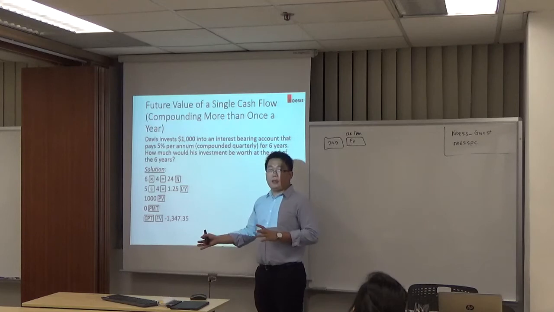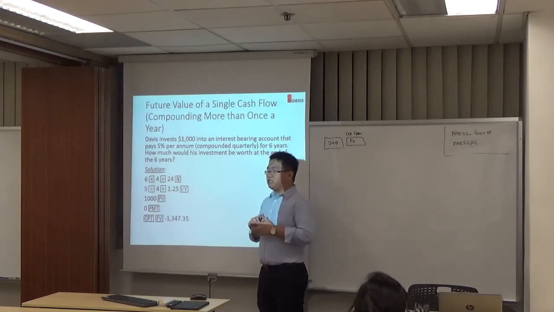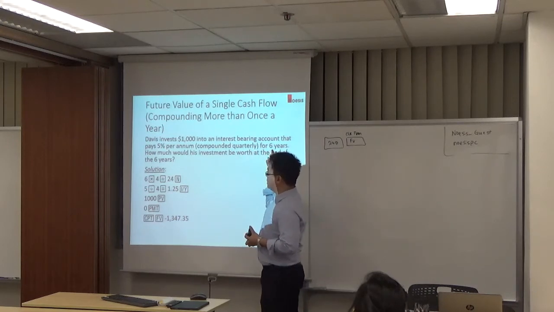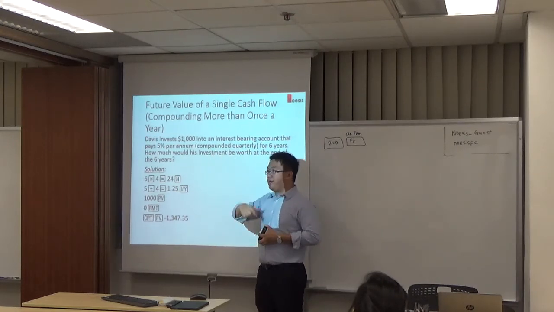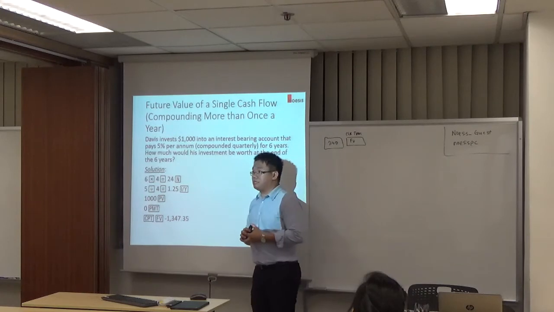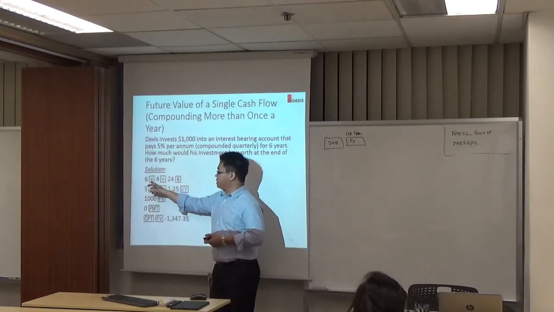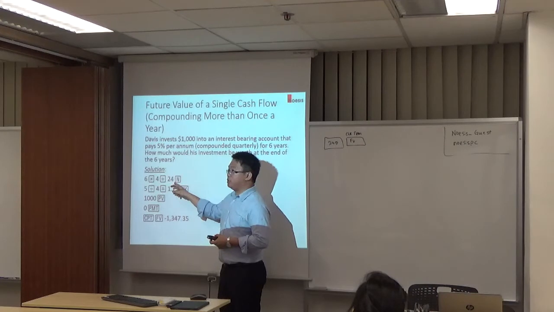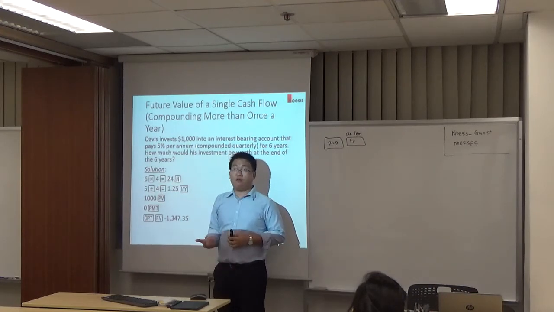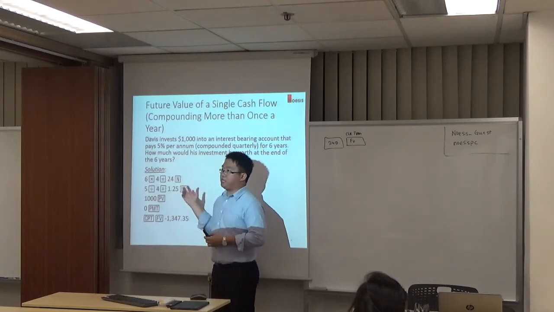how much your money will be worth after 6 years. Now, of course, how do you make this adjustment in your calculator? It's very simple. For 6 years, your interest is paid every quarter. That means 4 times a year. So if it's 6 years and it's paid 4 times a year, you're going to get your interest for 24 quarters. So you will just take 6 times 4.